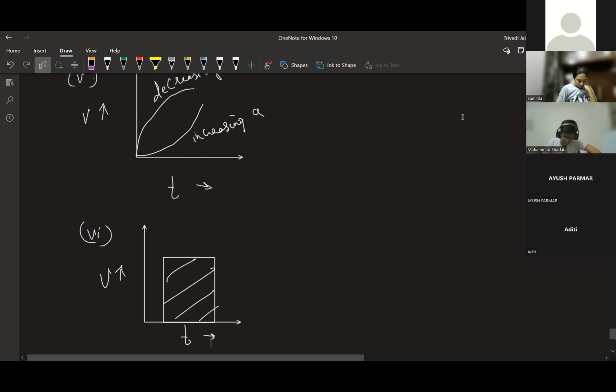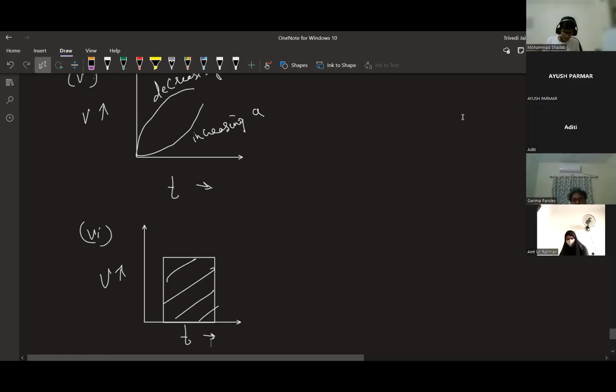Yes, Samhita, what do you think? What does this graph show? Acceleration, displacement? Displacement, sir. Okay. Aditi, what about you? Yes, sir, it's displacement, not acceleration. See, a V-T graph will show you what?